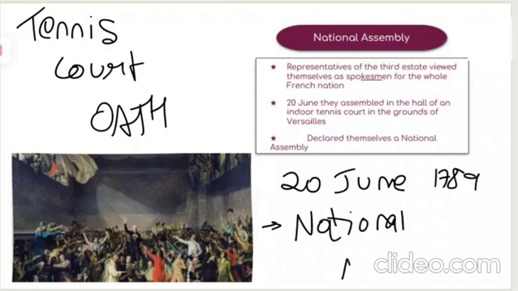They swore that they wouldn't disperse till they had drafted a constitution to limit Louis XVI's powers, the monarch's powers.